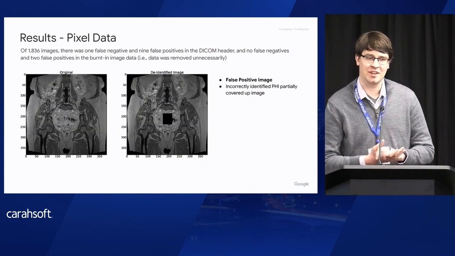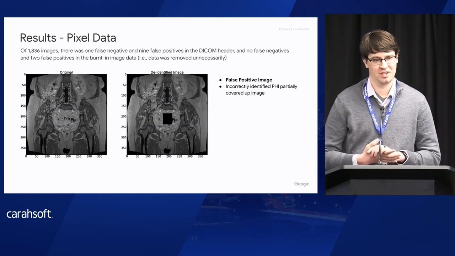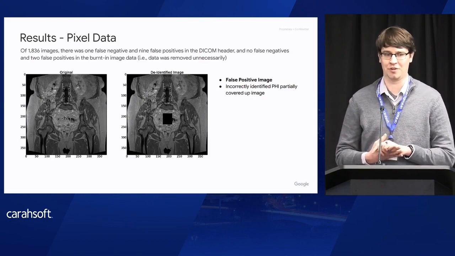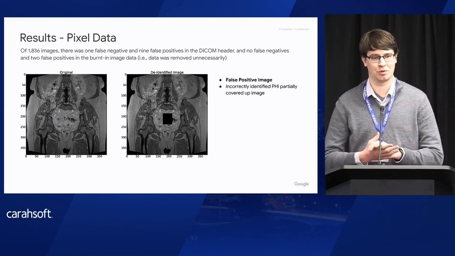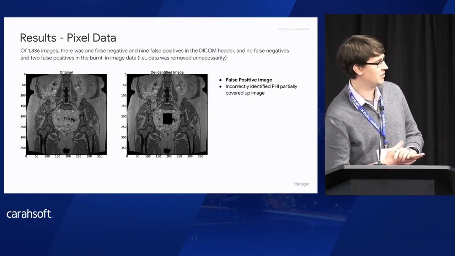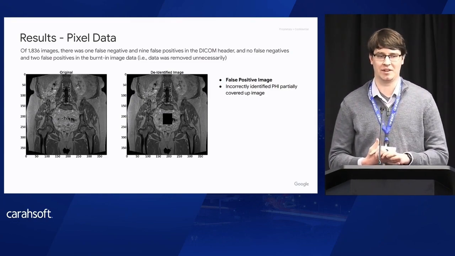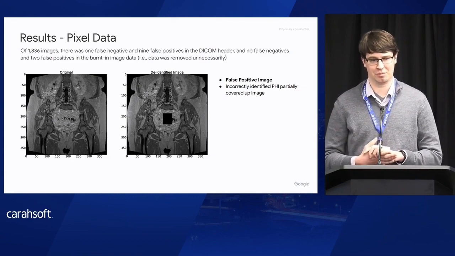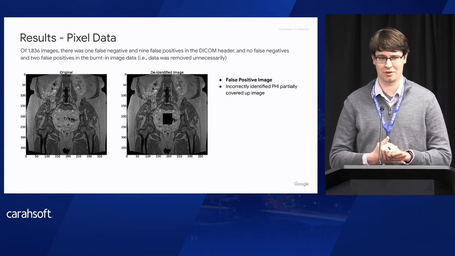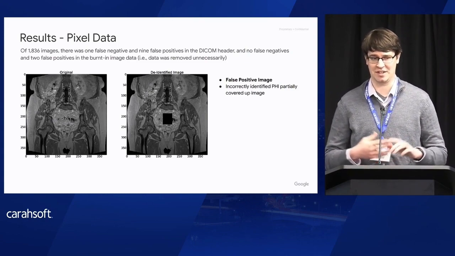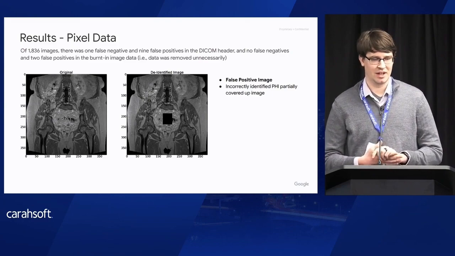We also got some funny issues with some of the images, some of them being false positives. Here we're not 100% sure why it de-identified. You can see the black square right in the middle of the de-identified image on the right versus the original image on the left. This is an example of some incorrectly identified PHI where it's actually partially covering up the image.